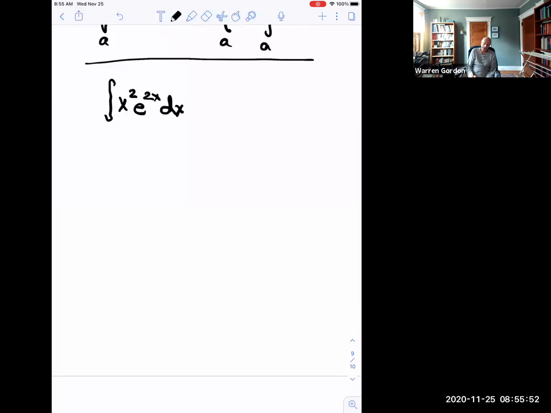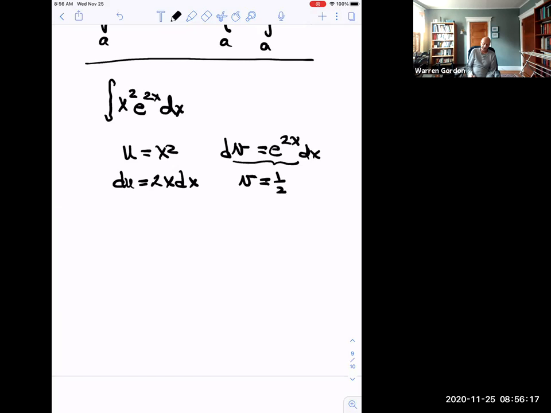Well, if I proceed as before, if I let u equal x squared, then du is the derivative times dx. If I let dv equal e to the 2x dx, then if I integrate this, I get v is equal to 1/2 e to the 2x. Again, I leave out all our arbitrary constants until the end.